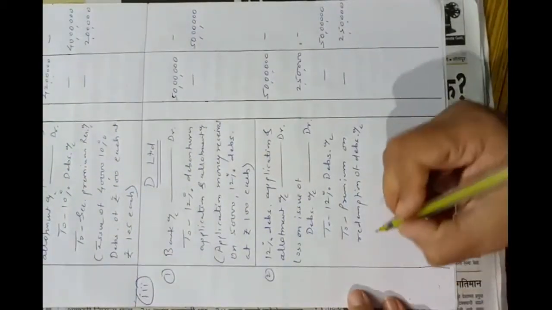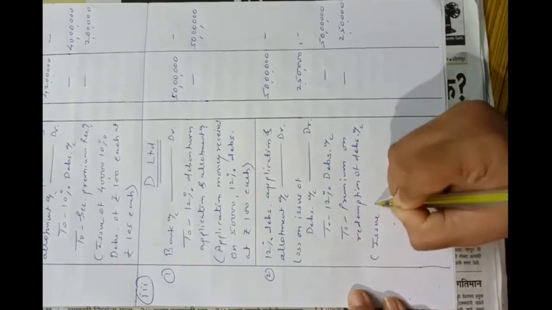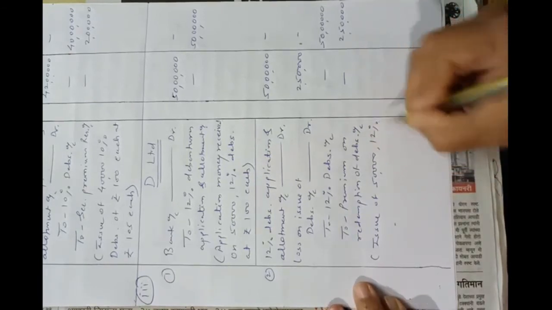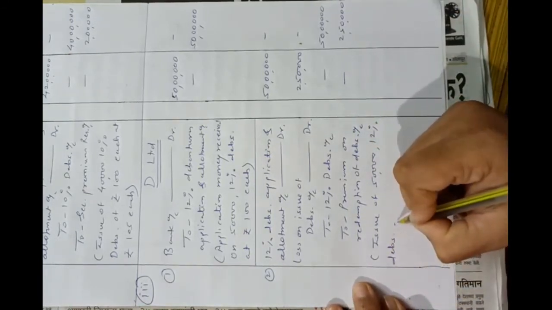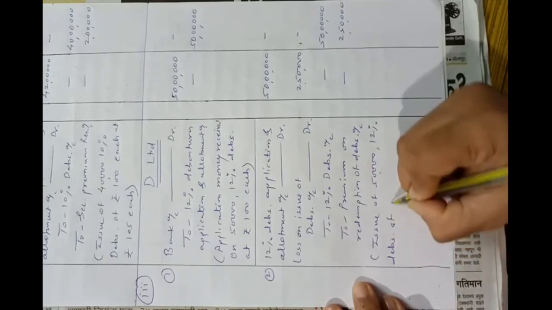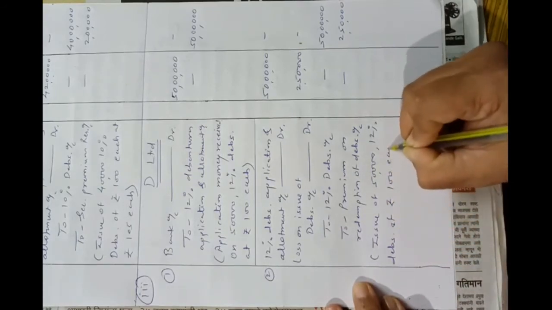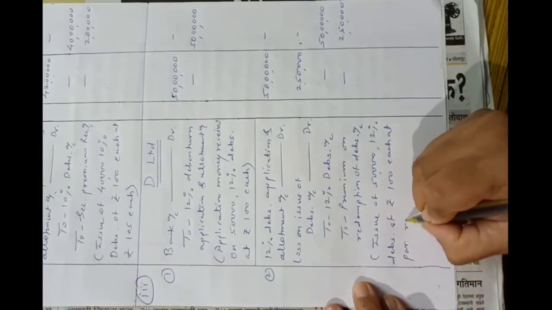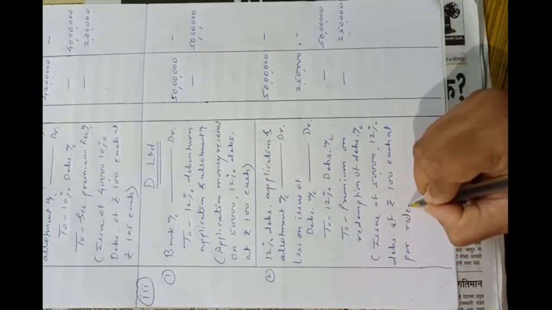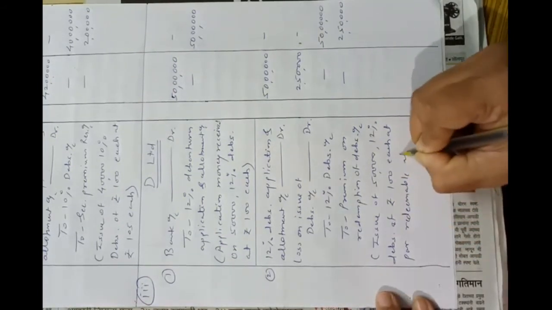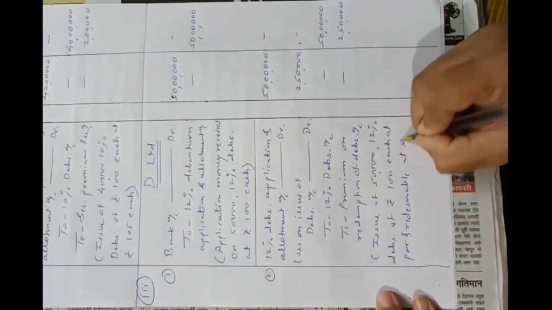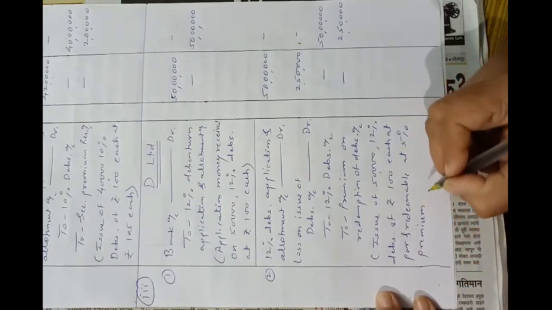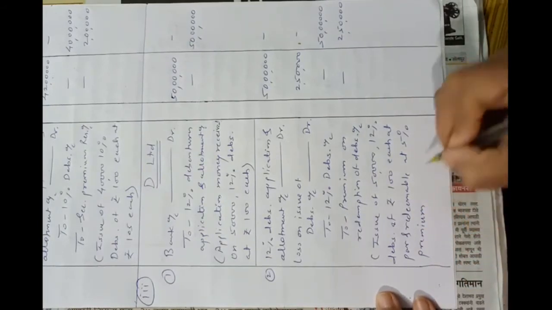So narration, issue of 50,000 12% debentures of ₹100 each at par and redeemable at 5% premium, or you can write redeemable at ₹105 each.